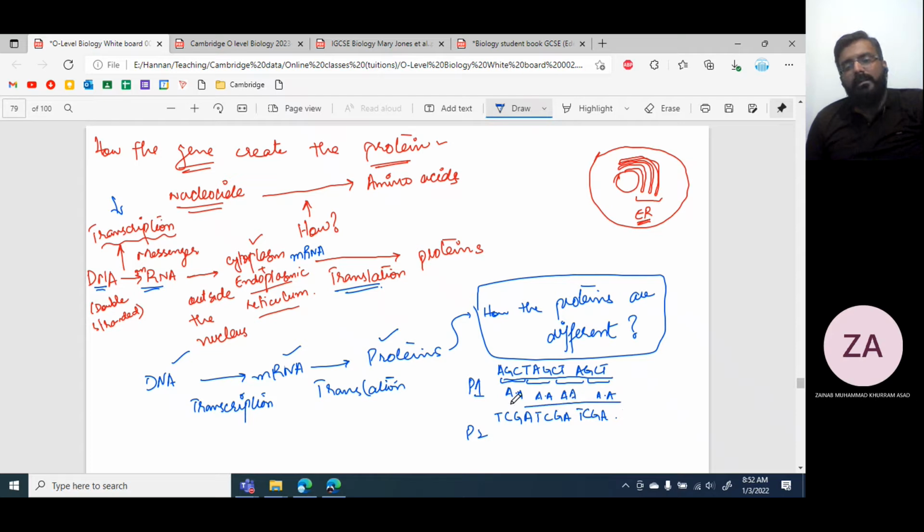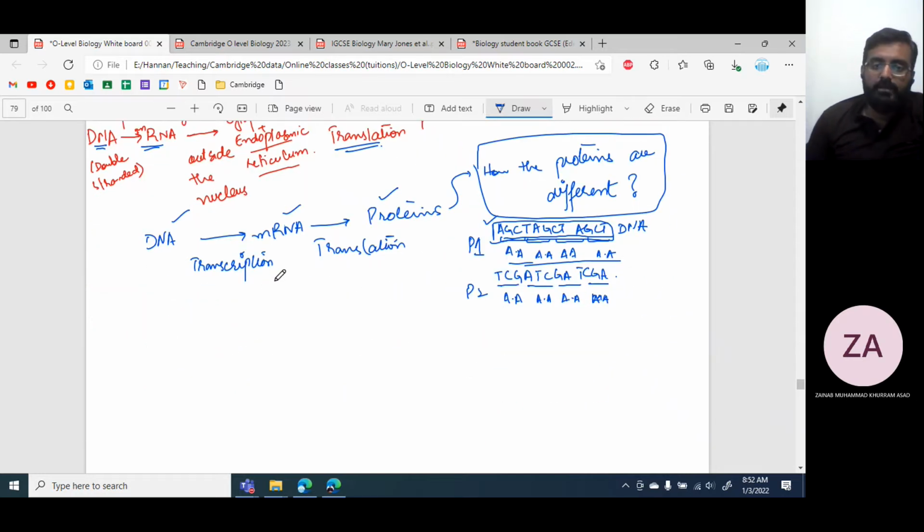These are all determined by this sequence of DNA. This is the DNA and this is the protein. When you come to the next protein, the genetic code has become entirely different compared to this one. It means the amino acids of this protein would be different from the amino acids of protein 1. That is why two enzymes differ from each other.